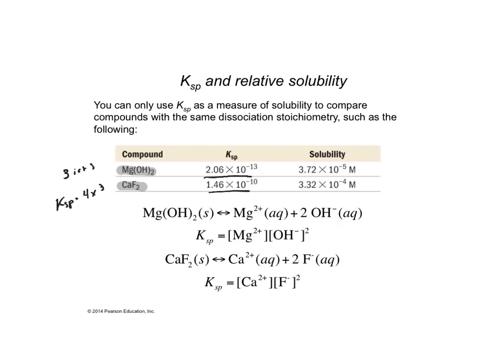Because they have the same exact reaction stoichiometry, the calcium fluoride is more soluble and the magnesium hydroxide is less soluble. We can compare that via KSP as well as the solubility. We'll find the exact same thing, okay? All right, so the only time that you can utilize KSP as a means to determine who is more soluble between two different compounds is when they break down or have the same exact reaction stoichiometry, right?